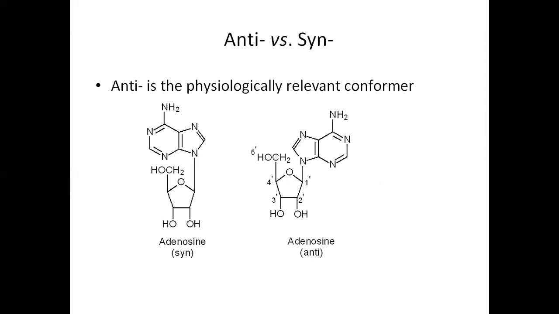Notice that we are numbering the sugar ring, but to differentiate it from the base numbers, we use a prime to indicate that we are talking about the sugar.